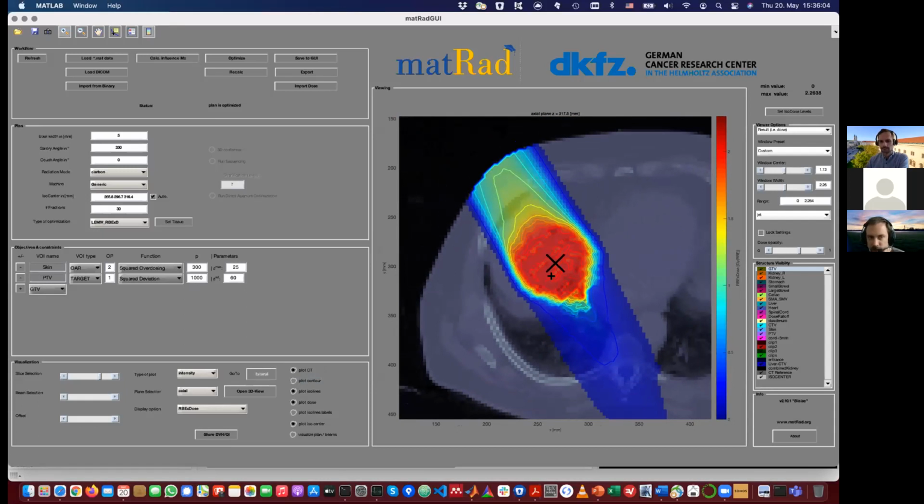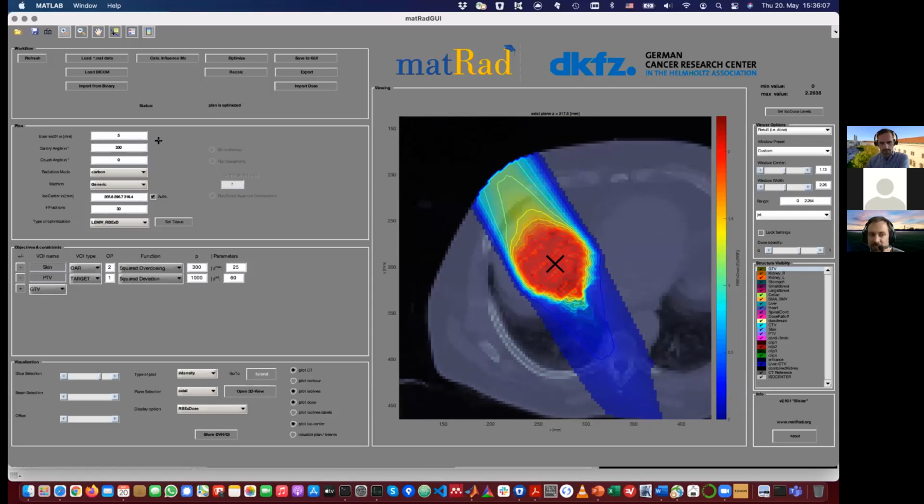Also, if you have chosen a larger pixel width because of computational times, you will probably have a much more heterogeneous dose. Exactly, if you have selected a larger pixel width, then the situation will become even worse for you. But for now it's okay. So we can again take a screenshot.